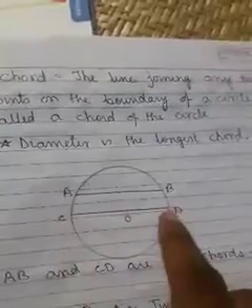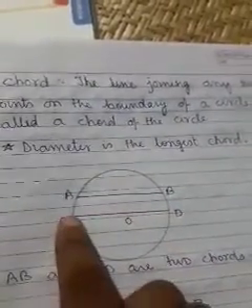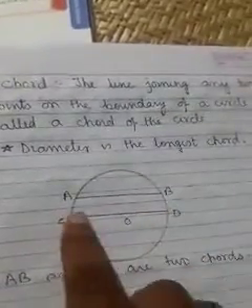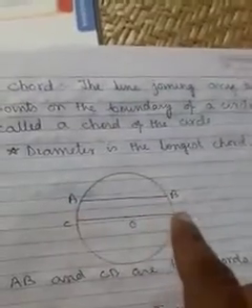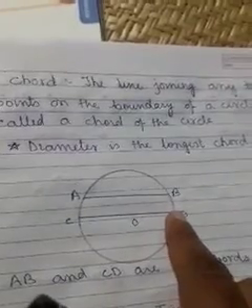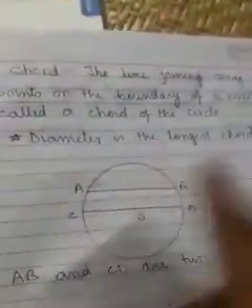CD is a diameter also, and CD is a chord also. Why is CD called a chord? Because its end points lie on the circle. And remember, diameter is the longest chord.